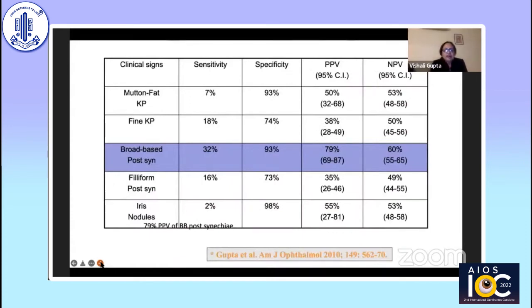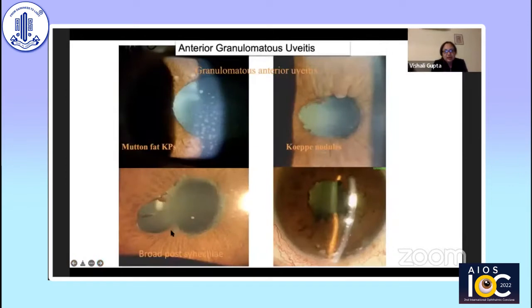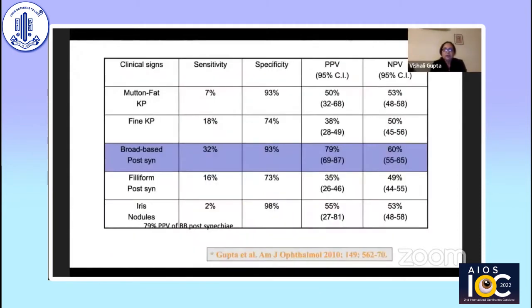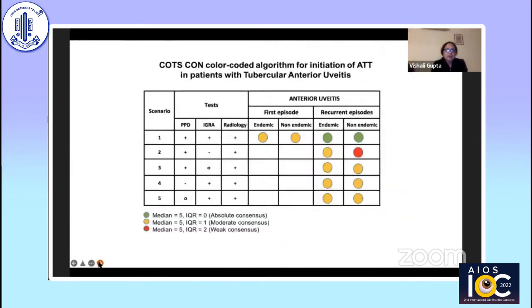Of all the signs that we reported, broad-based posterior synechiae, like triangular ones which have a broad base, are very highly suggestive of tuberculosis. So these are some of the types which you will have to keep in mind before you start treatment.